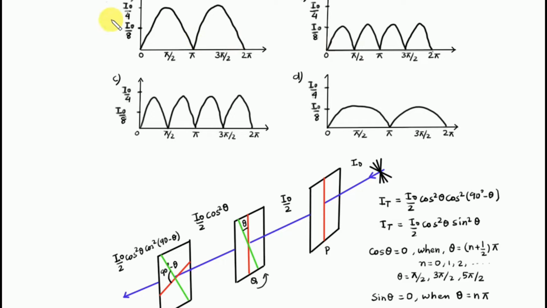So option A and option D are not correct. The correct answer must be between option B and C. Both the waveforms have a maxima between 0 and pi by 2. So let's say pi by 4. Look at the case at an angle pi by 4.